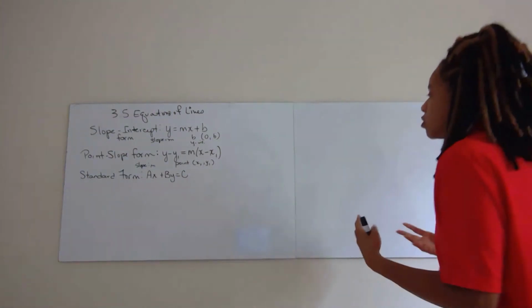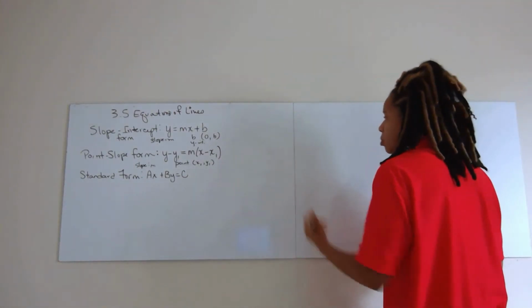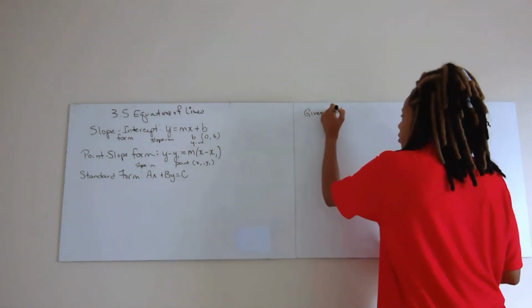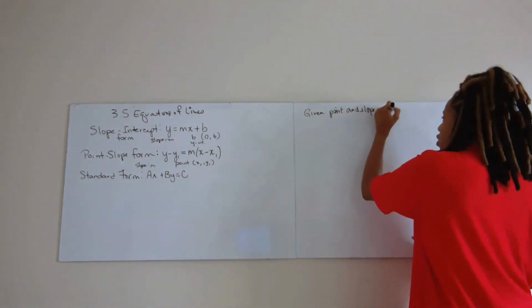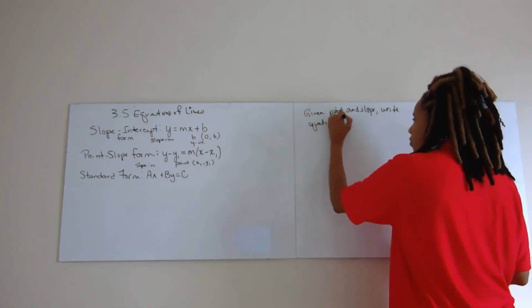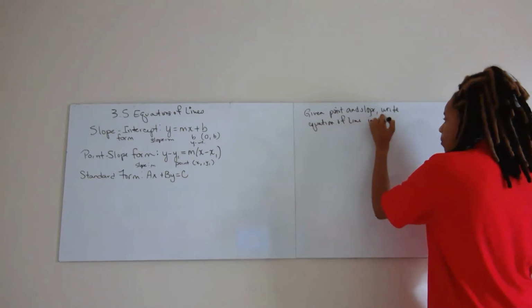So we want to be able to write the equation of the line given a point and a slope. All right, so given a point and a slope, you're going to write the equation of the line. And what they'll tell you is write it in slope-intercept form.